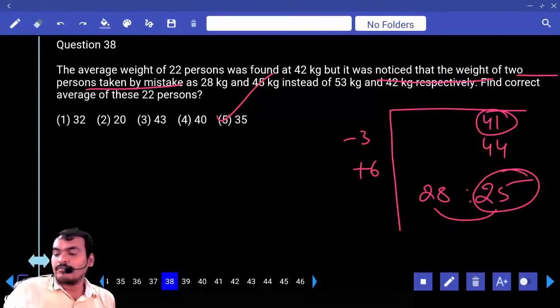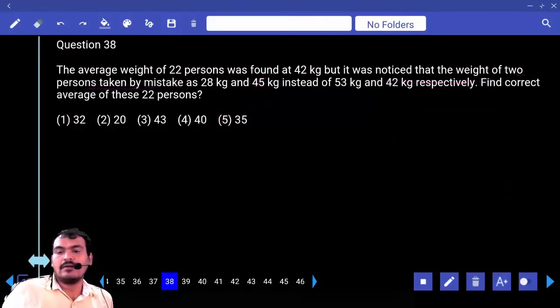The average weight of 22 persons was found to be 42 kgs, but it was noticed that the weights of 2 persons were taken by mistake as 28 kgs and 45 kgs instead of 53 and 42. Find the correct average.